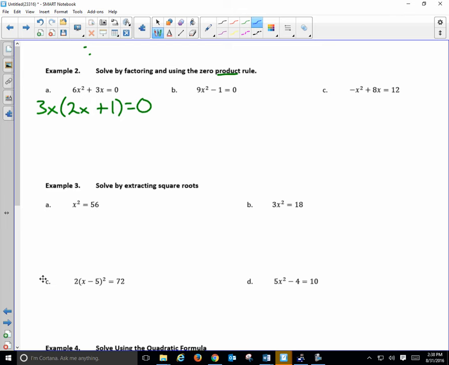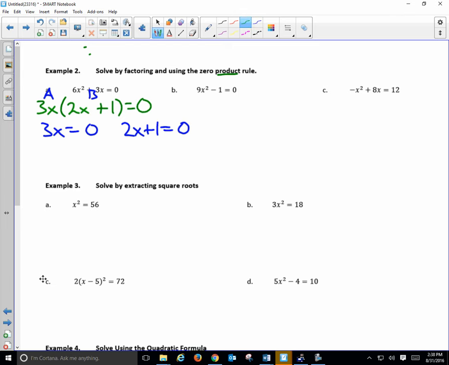Everybody pay careful attention. This is my A. This is my B. These two things multiply together. You told me either A is equal to 0 or B is equal to 0. What degree is this equation? What's the largest degree? So how many solutions will I have? 2.